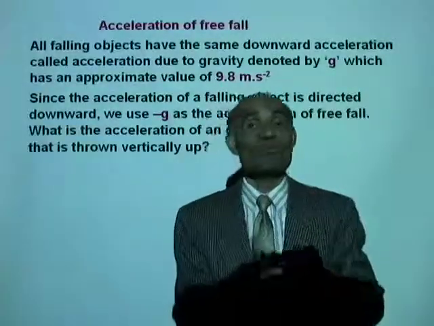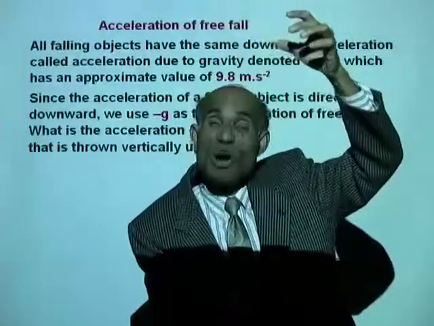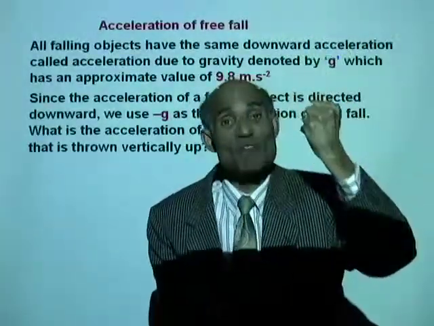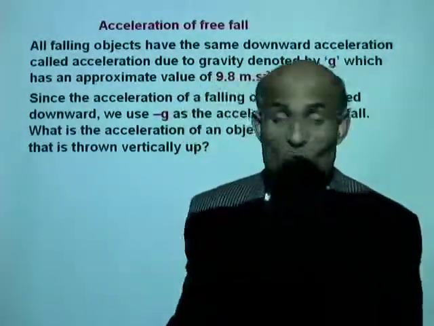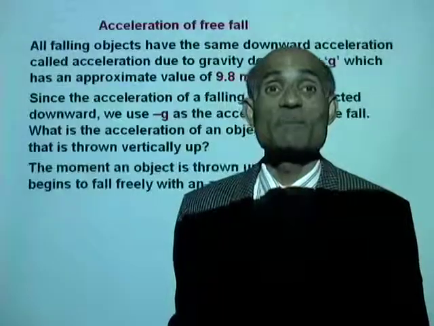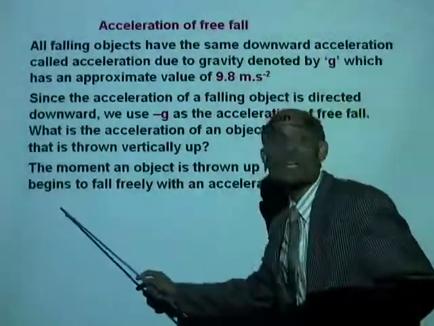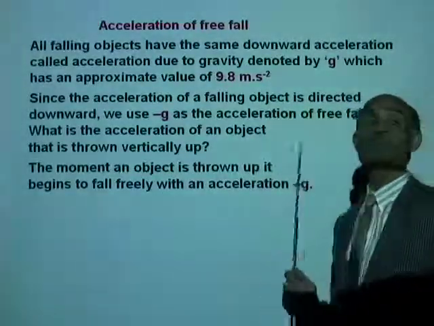That means whether an object is thrown up or simply dropped, both objects have the same downward acceleration, which is negative g. The moment the object is thrown up, it begins to fall freely with an acceleration of negative g.